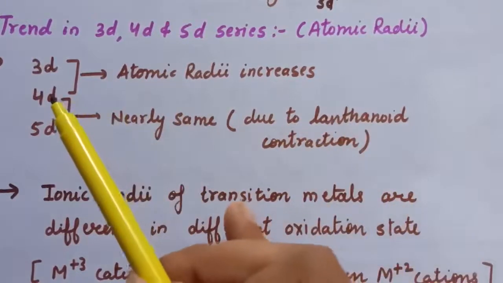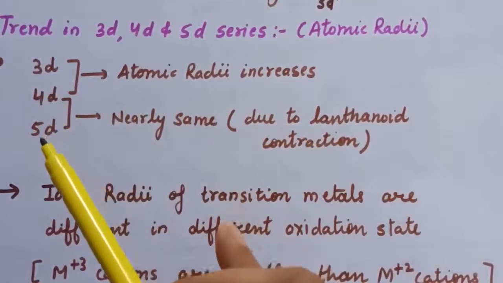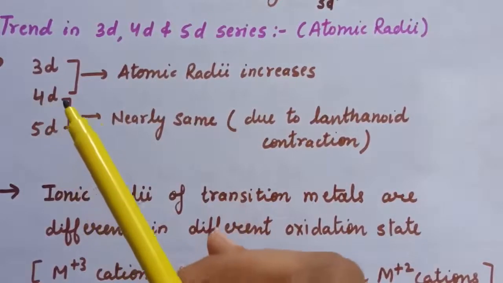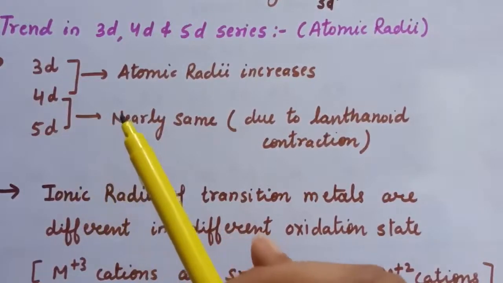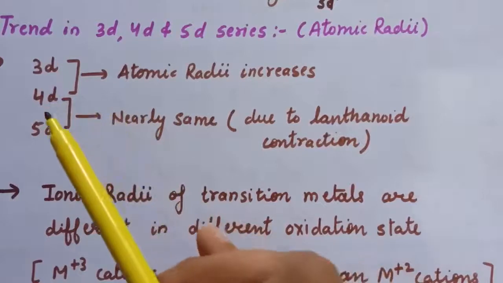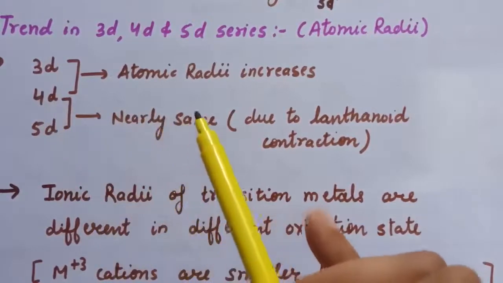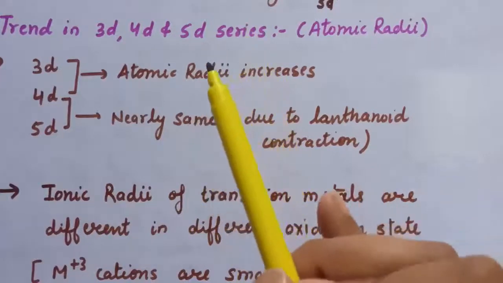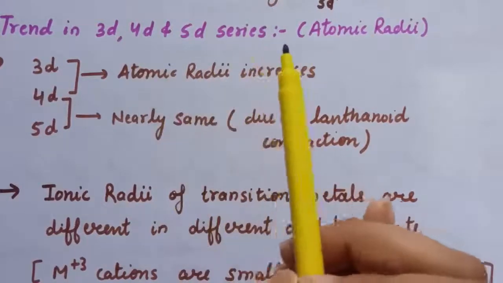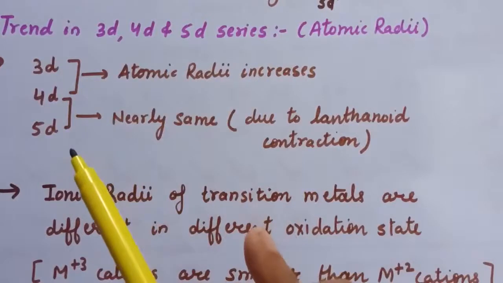When we move from 4D to 5D, in between we have F electrons, and F has poor shielding effect. Because of poor shielding effect of F electrons, the size of 4D and 5D remains almost same. So this is the trend of atomic size in 3D series and in 3D, 4D and 5D series.